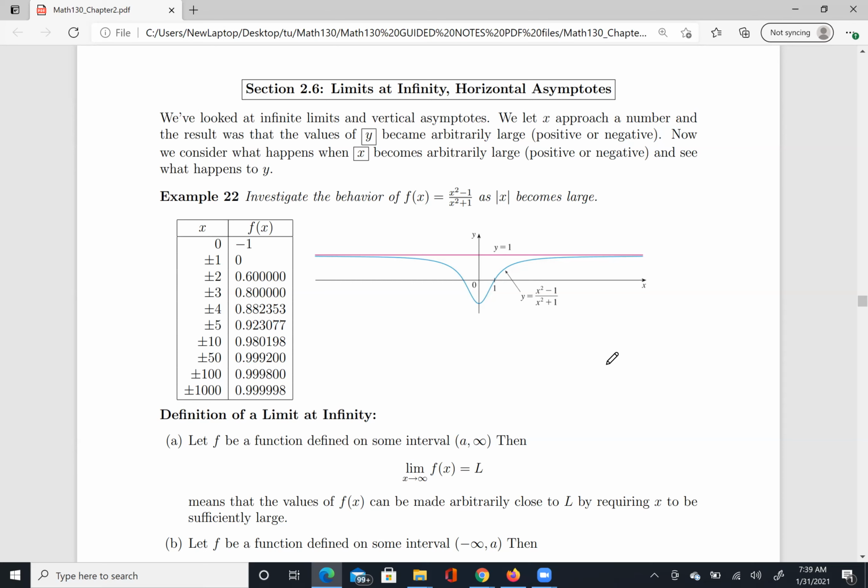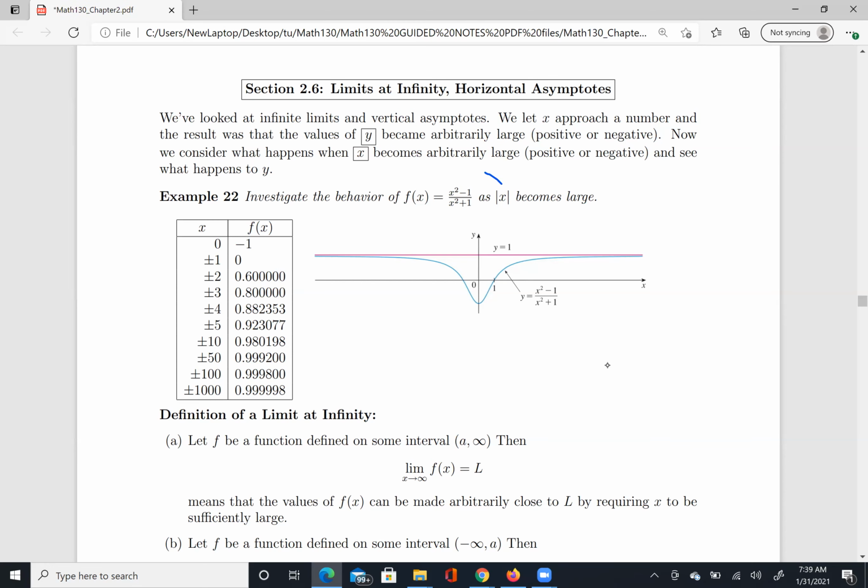So you can see in example 22 here, we're going to investigate the behavior of f(x) equal to (x squared minus 1) over (x squared plus 1) as the absolute value of x becomes large. So what does that mean?